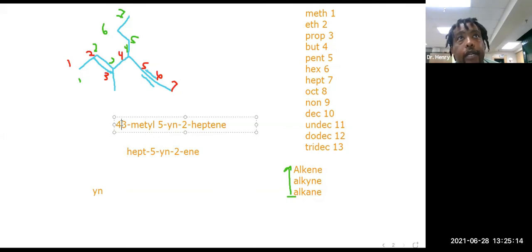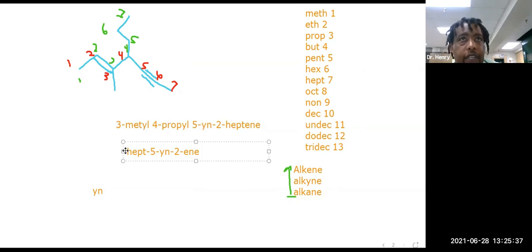What is the 3 carbon chain called? Propyl, that's right. If I remember, M is before P, so I'll put this back here. So that'll be 4-propyl. Both of these methods are acceptable in IUPAC nomenclature.